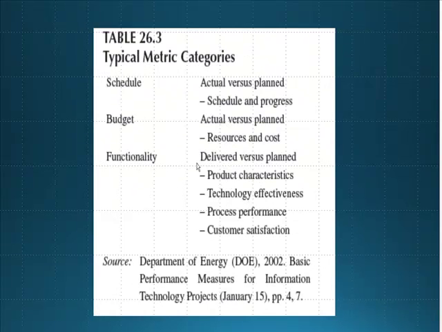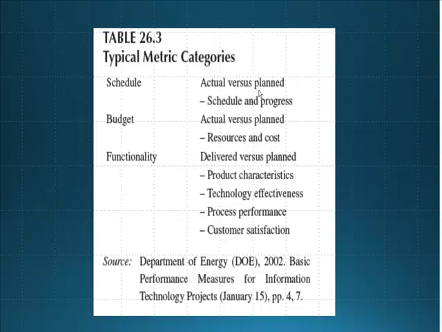Then the next slide talks about the typical metrics categories, where we have schedule, budget, and functionality. On the right-hand side of this slide, you can see a note of actual versus planned. This is where the baseline comes into play in these metrics.